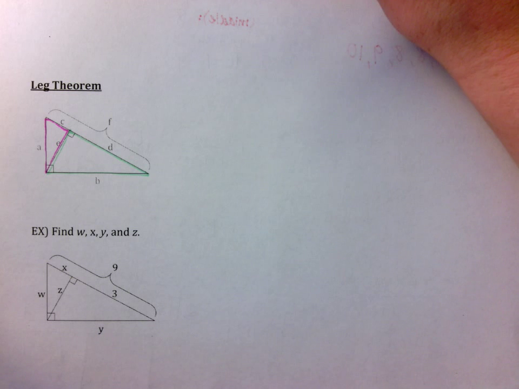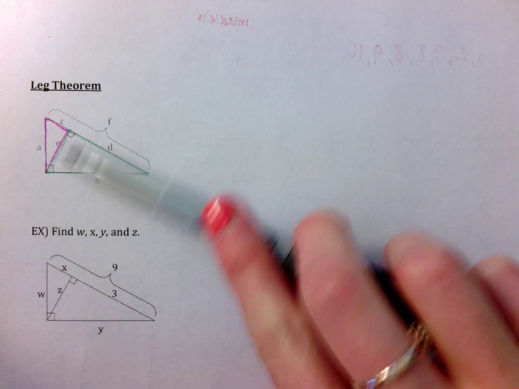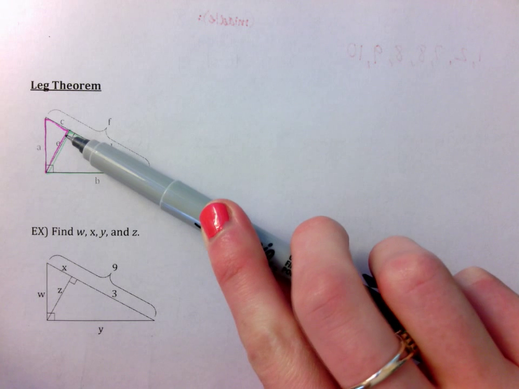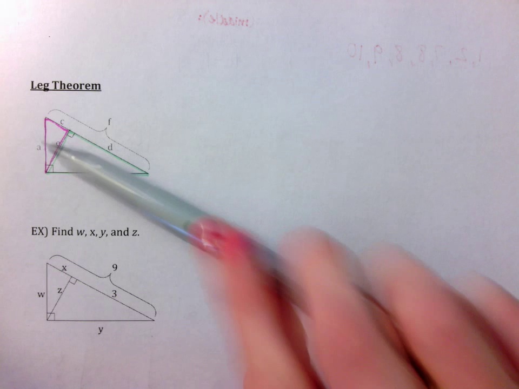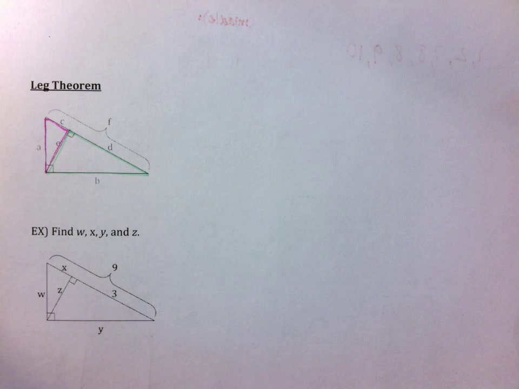And then there's going to be a relationship between the altitude and these two sides of the right triangle. So what this one is going to say is that because we draw this altitude, it makes these right triangles have this special property.